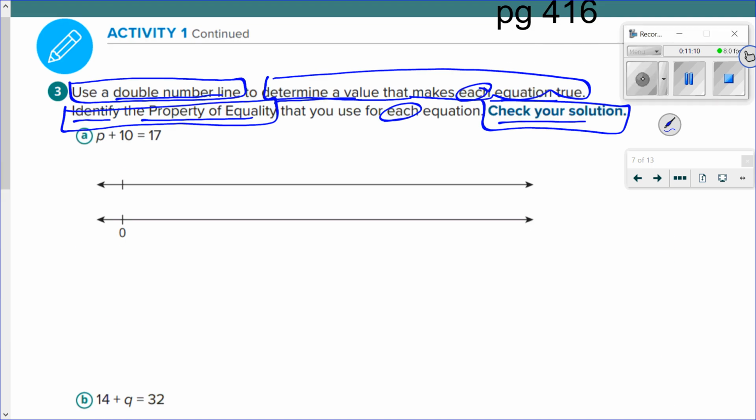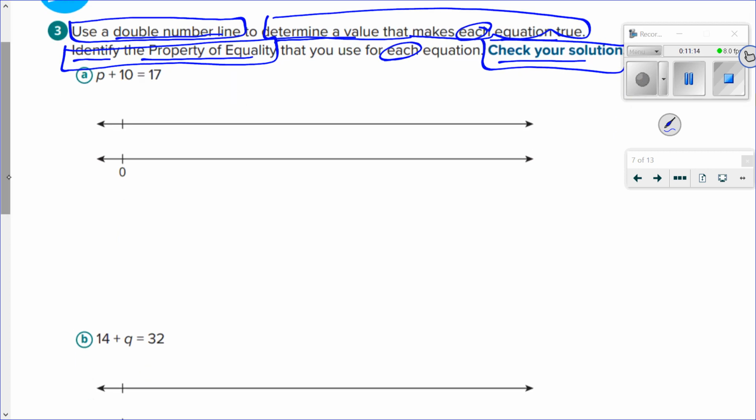Okay, this one should have been relatively easy because they only gave you one thing to do. So we have P plus 10 is 17. So I start up here. P plus 10, 17 gives me my barbell. Would it be okay if I put 17 on top and P plus 10 on the bottom? It would be. But the way they've written it, I would have set it up this way.